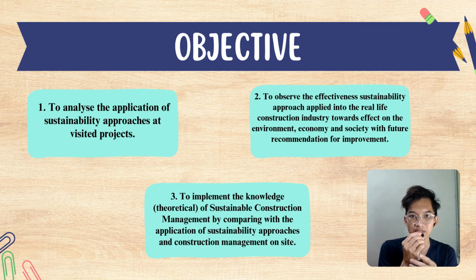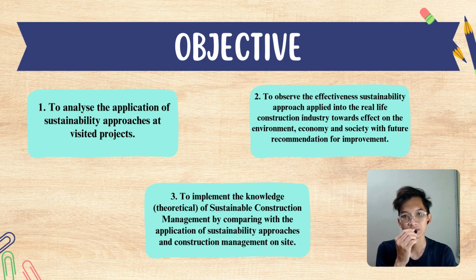Second, to observe the effectiveness of sustainability, which is to examine the real-world impact of sustainability practices on the environment, economy, society, and recommend areas for future enhancement. Third, to implement the knowledge of sustainable construction management by comparing it with the application, which is to compare theoretical knowledge with observed site practice, identifying gaps and areas for alignment.